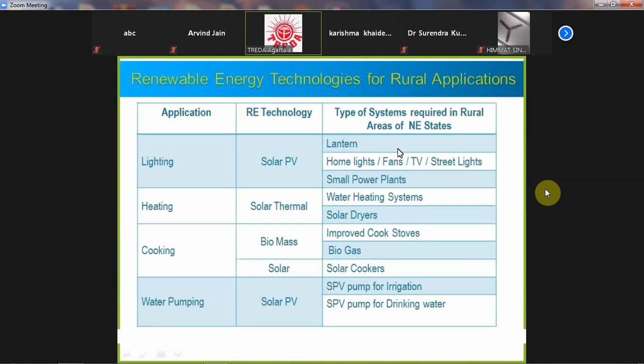So the water pumping system is a very good system for rural agriculture. Which type of system can we use there? SPV pumping systems, surface or submersible, both types of pump we can use with solar, and solar pumping for drinking water also, since there is some drinking water crisis in rural areas. Then we can use this pumping system.